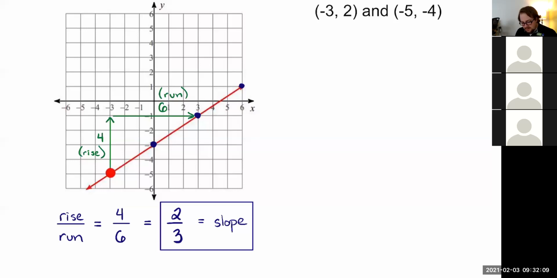So even if I started at the very first point here and I counted up 1, 2, 3, 4, 5, 6 for the rise and ran 1, 2, 3, 4, 5, 6, 7, 8, 9. 6 over 9, guess what it also simplifies to? 2/3. So good news, it doesn't matter which 2 points you use, so long as you count carefully, consider your signs carefully based off of the direction you're traveling in, and then make sure at the very end, simplify that fraction if possible.